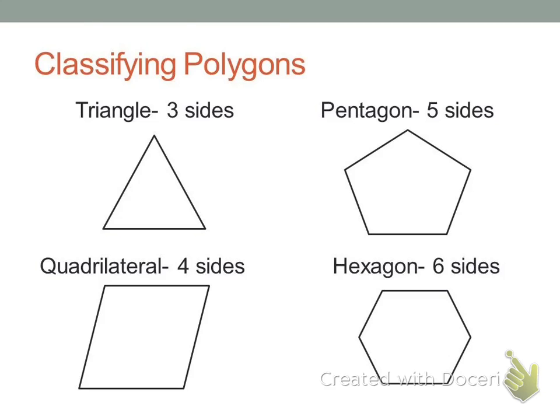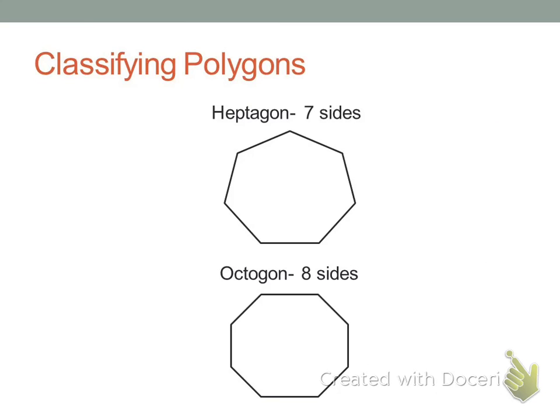You don't have to copy these down. It's right there in your chart on page 495. You have a triangle with 3 sides, a quadrilateral with 4 sides, a pentagon with 5 sides, a hexagon with 6 sides, a heptagon with 7 sides, and an octagon with 8 sides.